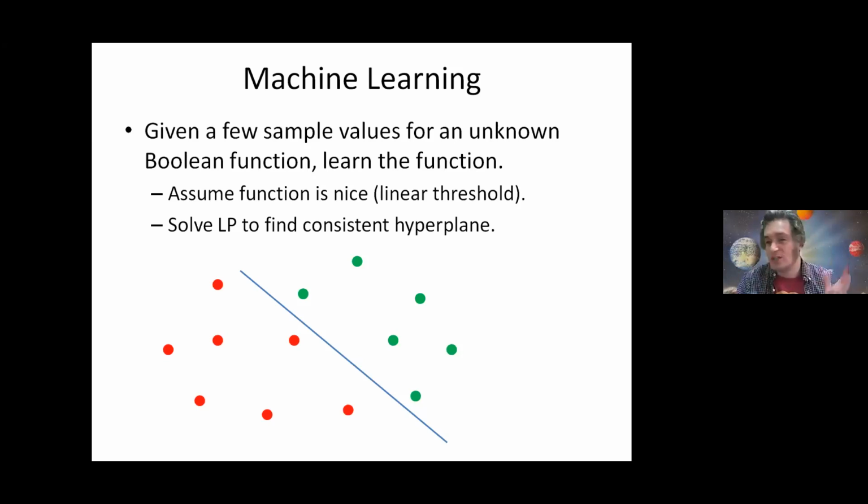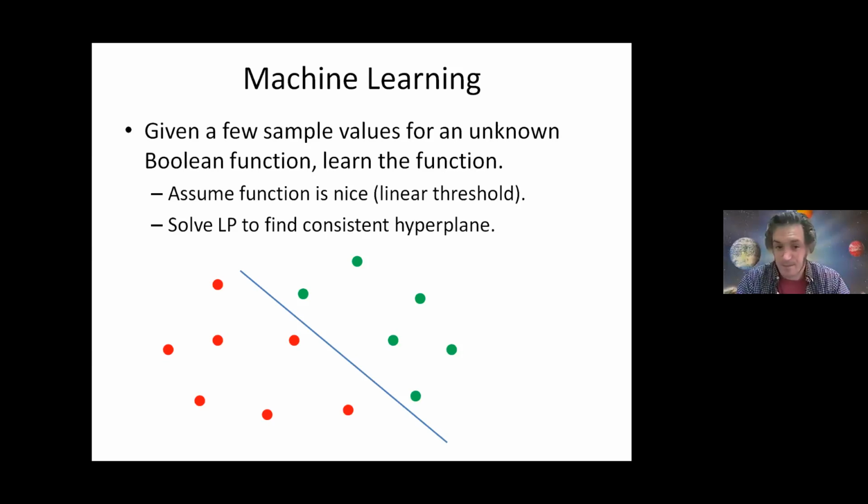But if all you want is to find some hyperplane that's consistent with all the values that you've seen, that's reasonably easy to do. That's just a linear program. Each point gives you some set of linear conditions on the coefficients of the hyperplane.